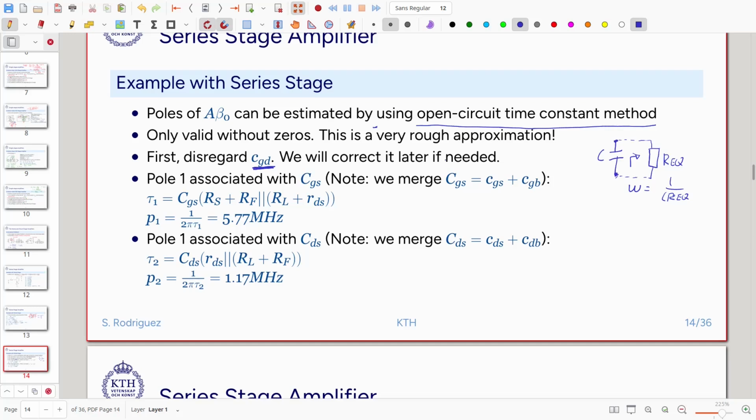So whenever we have a wrong estimation of the poles, we will have to take into consideration CGD, Miller capacitance, and pole splitting. Normally the method gives us a really good approximation of the poles for most cases. So let's take a look.